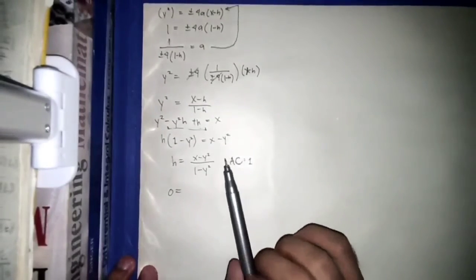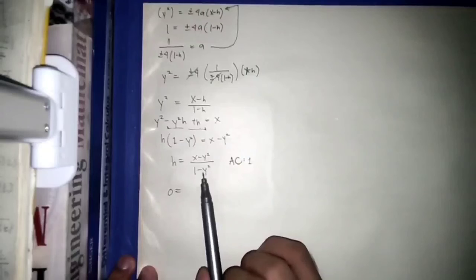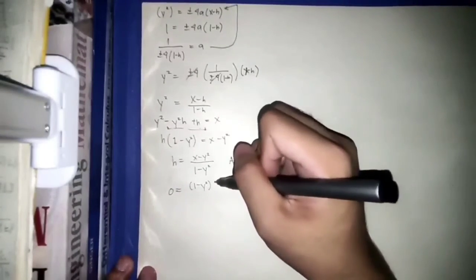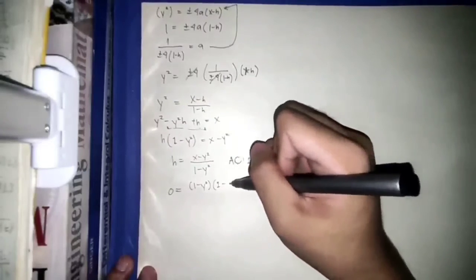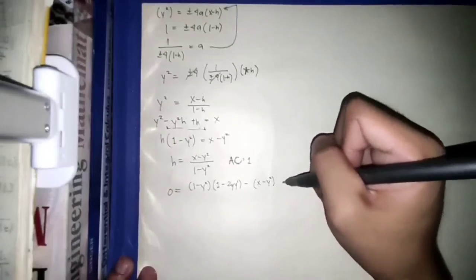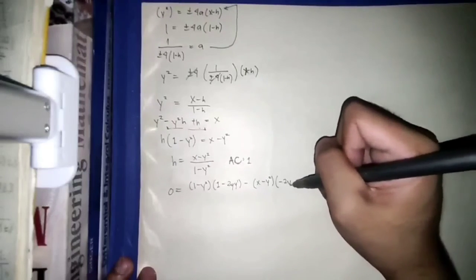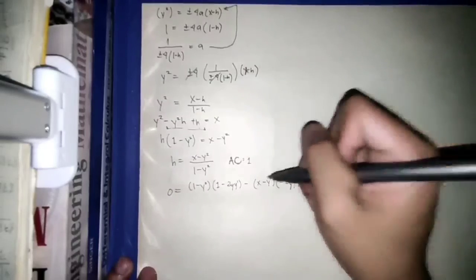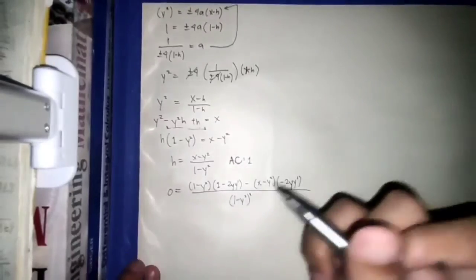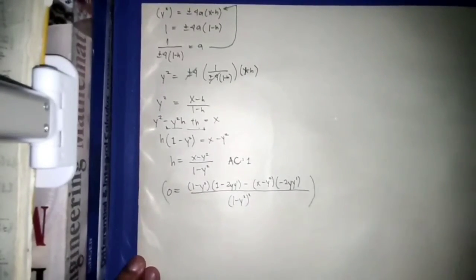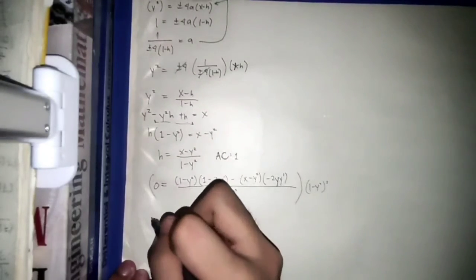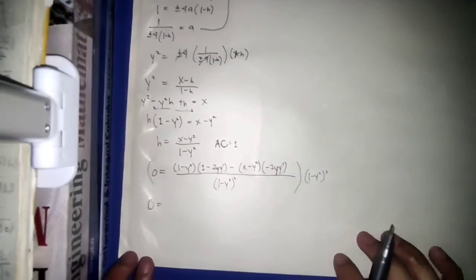0 equals, let the numerator be u and let the denominator be v. So v times the derivative of u minus u times the derivative of v all over v squared. Let's multiply this whole equation by 1 minus y squared quantity squared, giving us 0 equals.